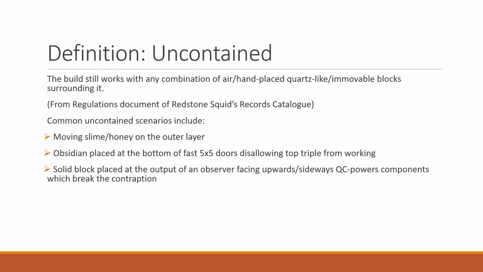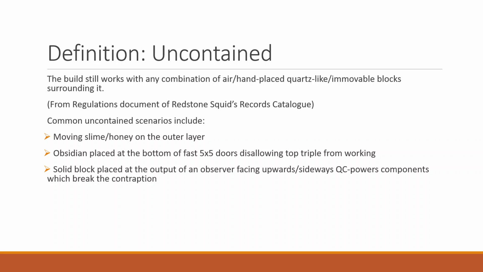The next scenario would be solid blocks placed at the output of an observer facing upwards or sideways, which will quasi-power components which will break the contraption. Now this is very normal for observer builds, because you would sometimes have observers that are next to pistons or droppers.